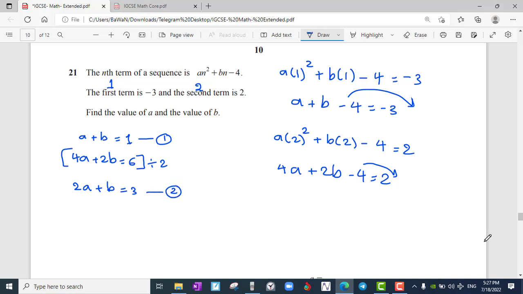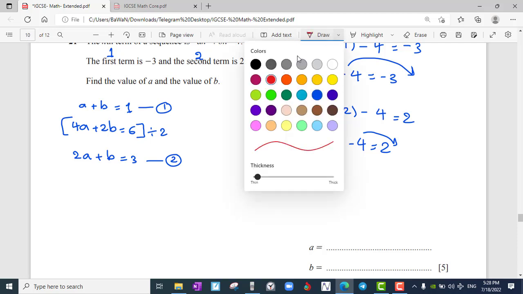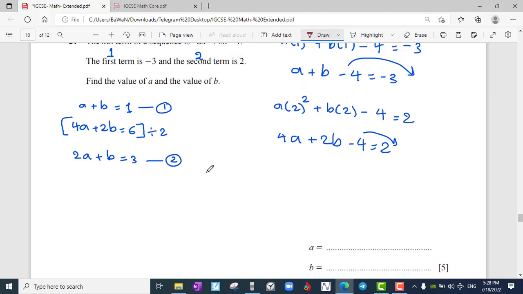Now I solve these simultaneously. I can solve them by calculator, but this question has 5 marks. That's why I suggest to do it algebraically, showing all the necessary steps. Now from this equation, I'm going to use substitution. In this equation, a is equal to 1 minus b, and I'm going to write 1 minus b in place of this a.